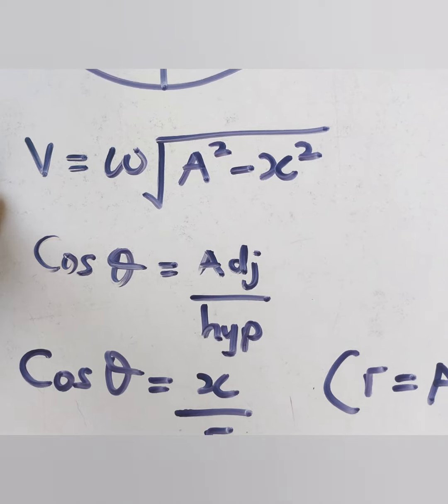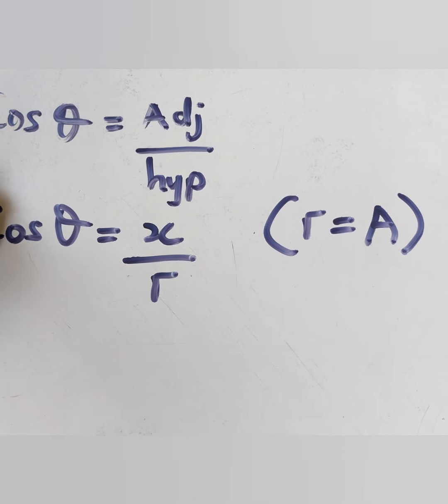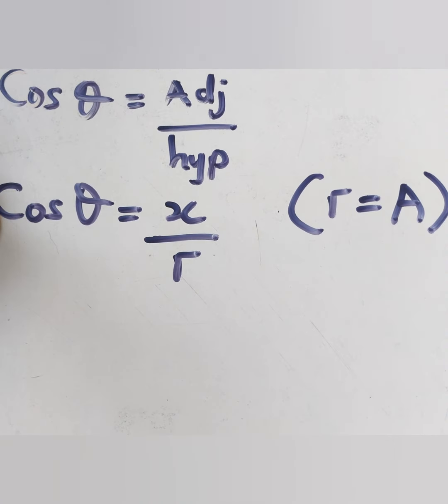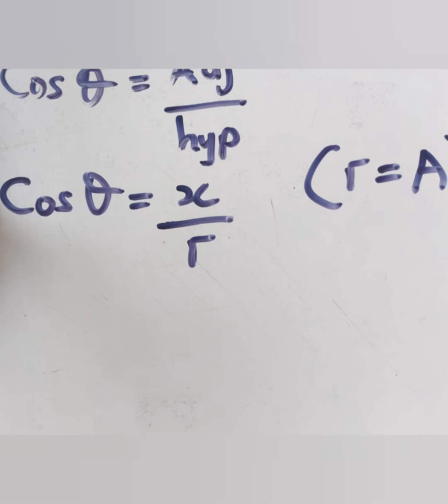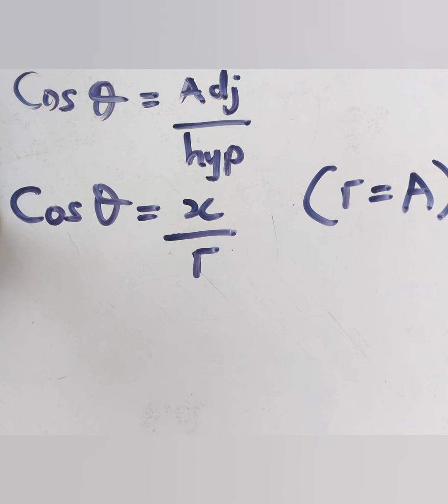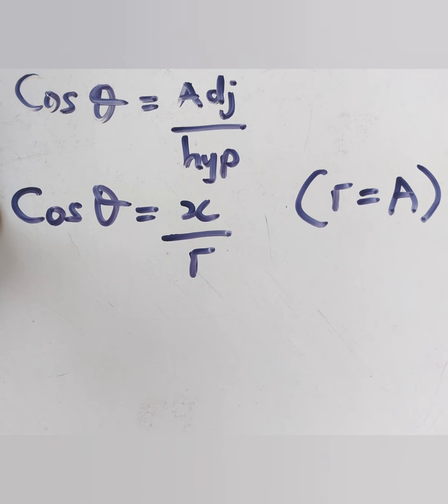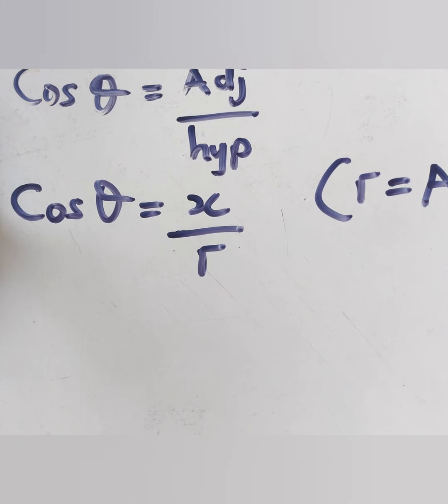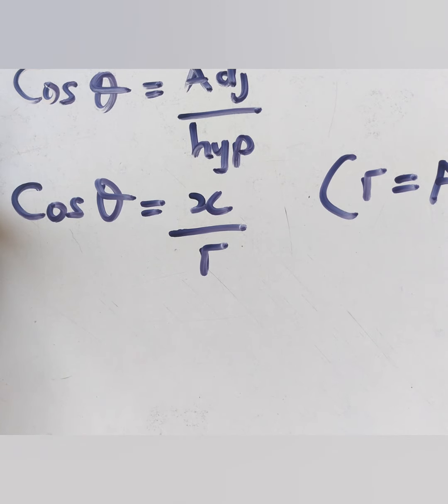My cos theta, which is equal to x divided by r, where r is also equal to a, the amplitude of the object that is performing simple harmonic motion. Yes, we can relate circular motion with simple harmonic motion.